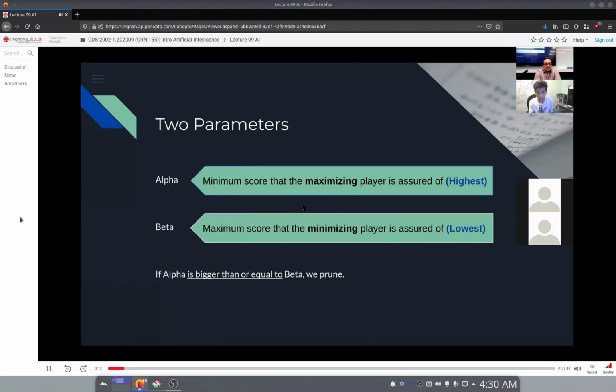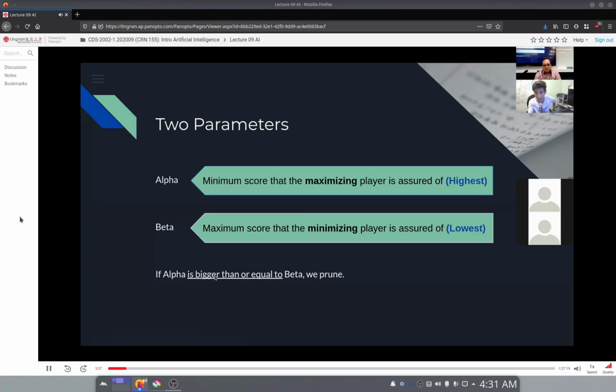So we have two parameters, alpha and beta. Alpha is the minimum score that the maximizing player is assured of, basically the highest value. Beta, on the other hand, is the maximum value that the minimizing player is assured of, so the lowest value. If alpha is bigger than or equal to beta, we prune. We get rid of the branch.